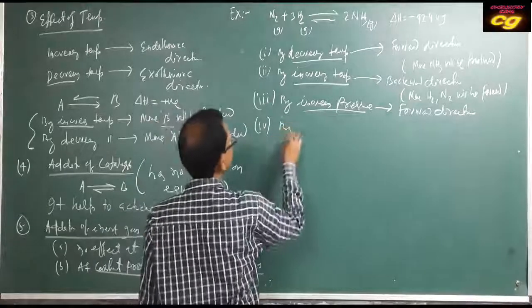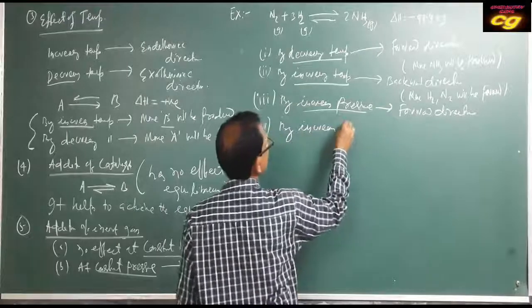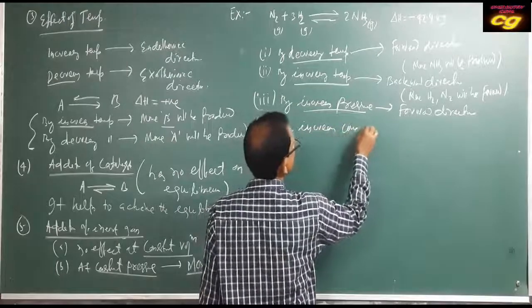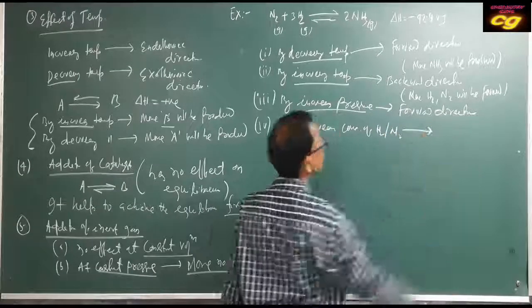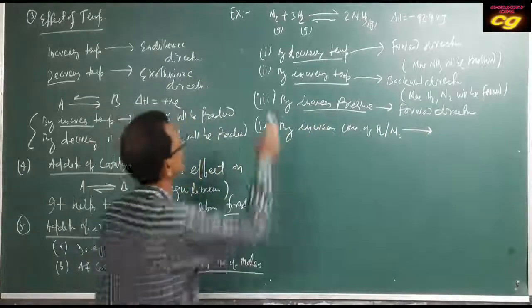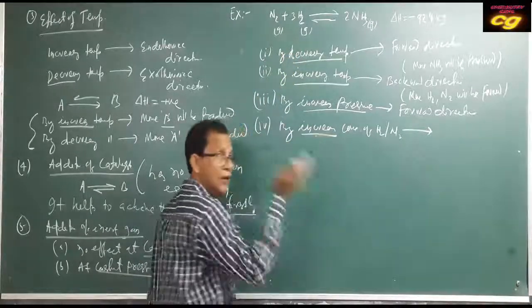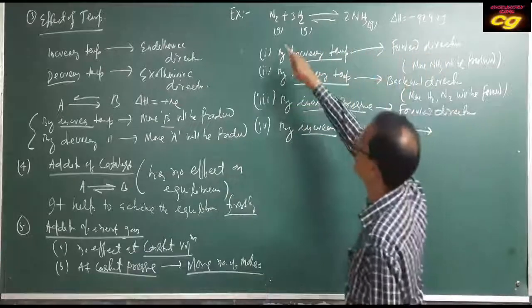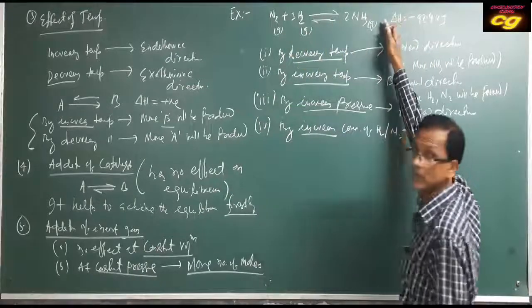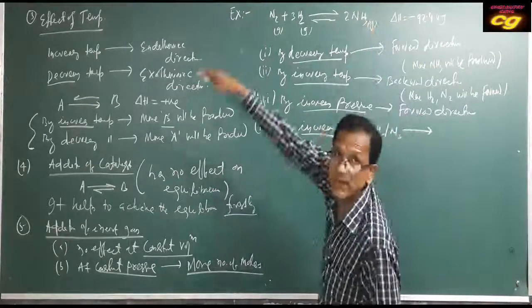Then the fourth point: by increasing concentration of hydrogen and nitrogen, equilibrium will be shifted towards the opposite direction. If you take more on this side, equilibrium shifts towards the right side. If you take more on this side, equilibrium shifts towards the back side.